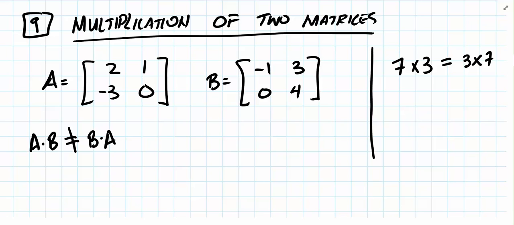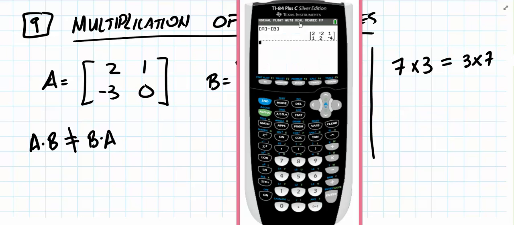All right, go to your matrix, second matrix, and we're going to edit matrix A, and make it a 2 by 2. 2 by 2 enter. So I'm going to put 2, and then 1, and then negative 3, and then 0, enter. All right? So far, so good.